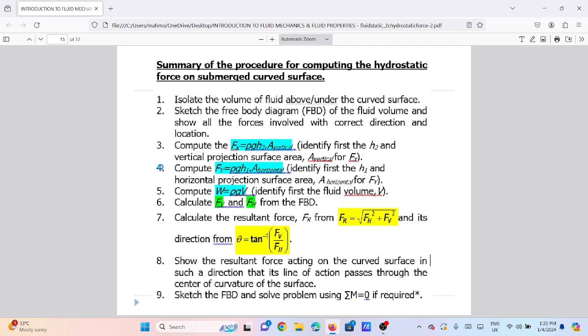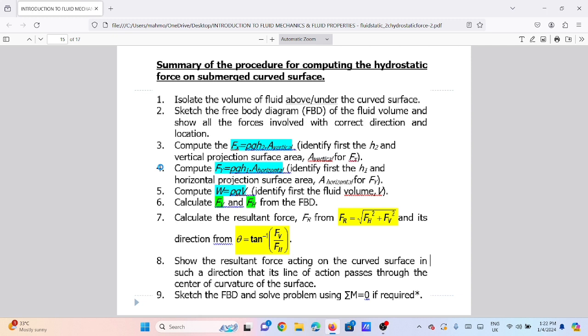This is the step summary of the procedure for computing the hydrostatic force on a submerged curved surface. Number 1, isolate the volume of fluid above or under the curved surface. Number 2, sketch the free body diagram of the fluid volume and show the forces involved, with the correct direction and location. Compute FH equals rho g h2 times A, defining first the h2 and the vertical projection surface area.